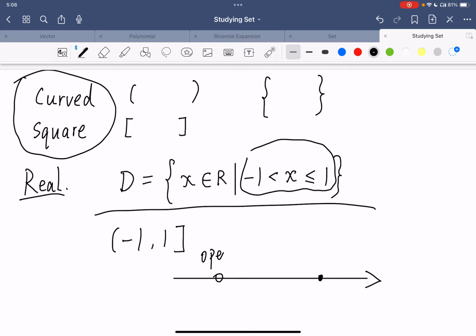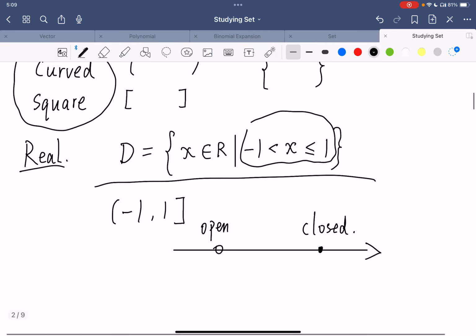This is the open interval. This is the closed interval. So if this element is part of the interval, it's called a closed interval. If this element is not part of the interval, it's called an open interval. Okay, that's it.